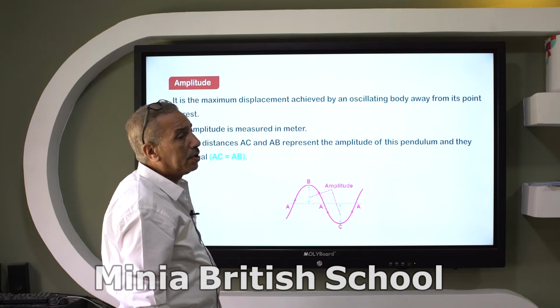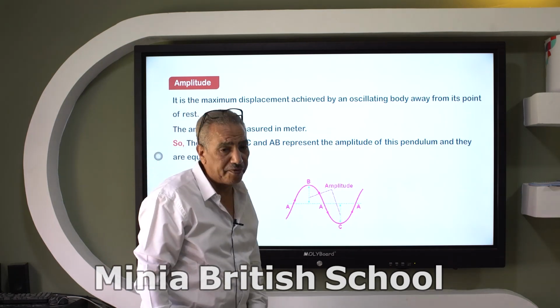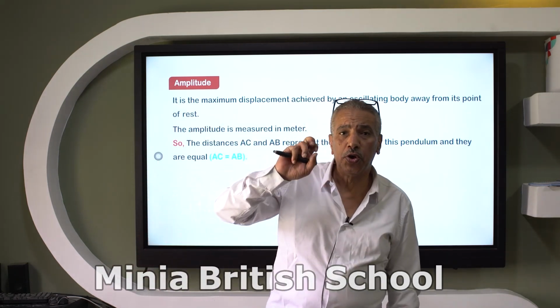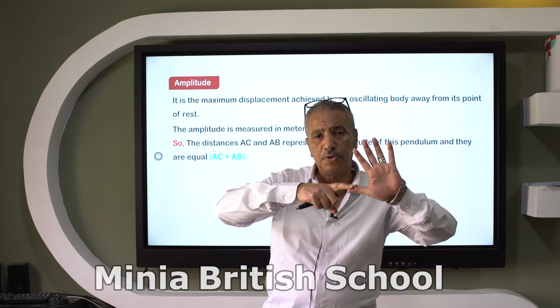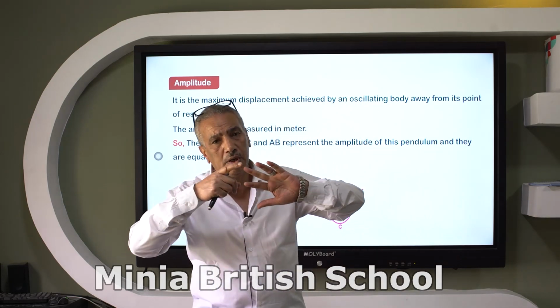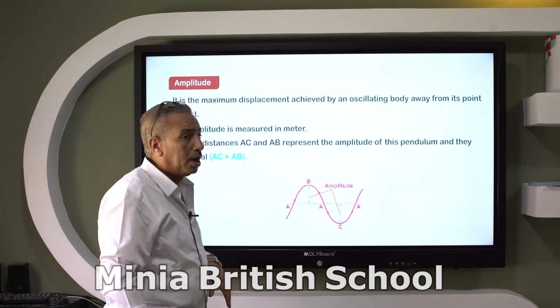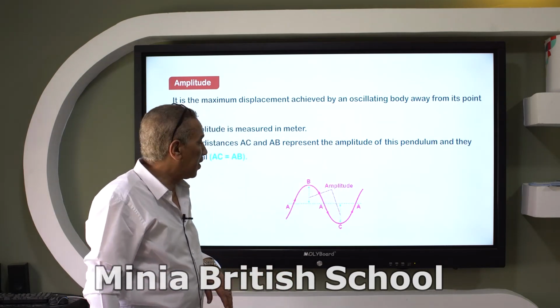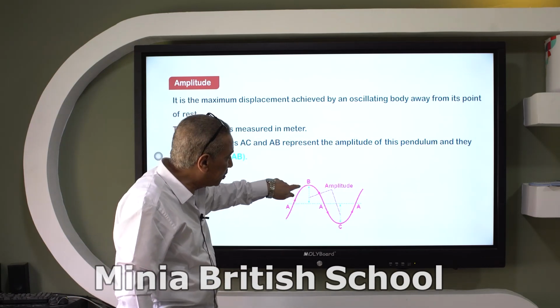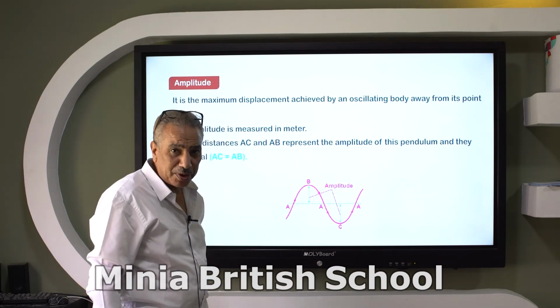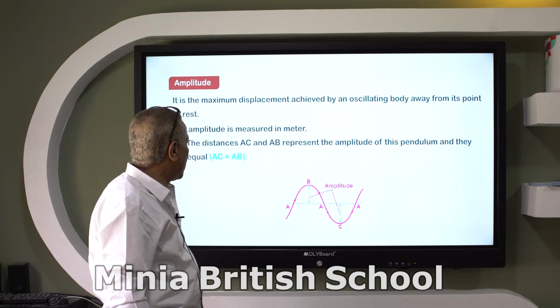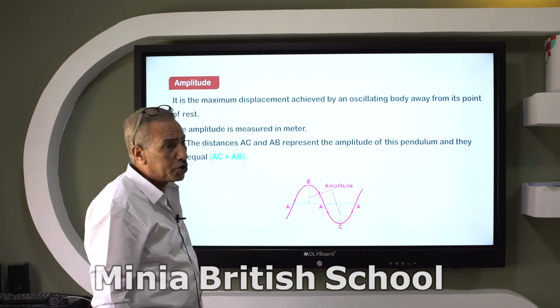Now we have four concepts which are very important for the oscillatory motion: amplitude, frequency, complete oscillation, and periodic time. We have to know these four, very important. Amplitude is the maximum displacement of the oscillating body away from its rest position.